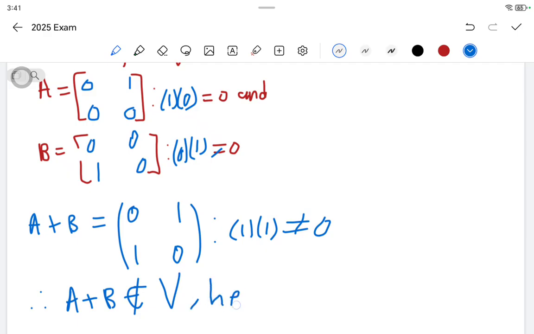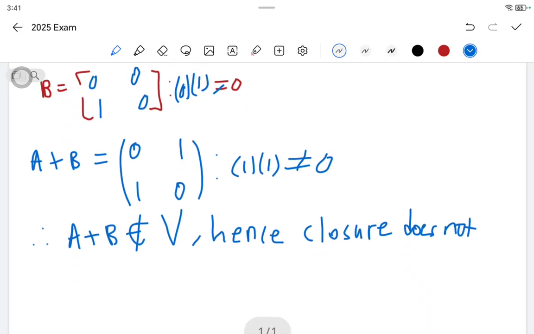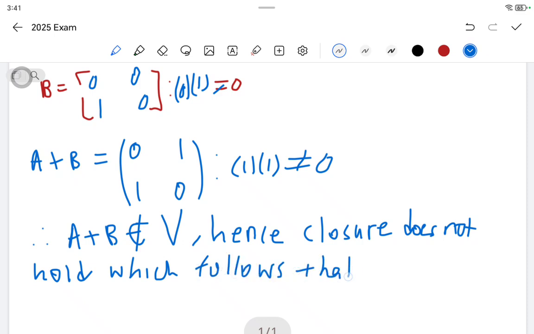Hence closure does not hold, which follows that V is not a vector space.